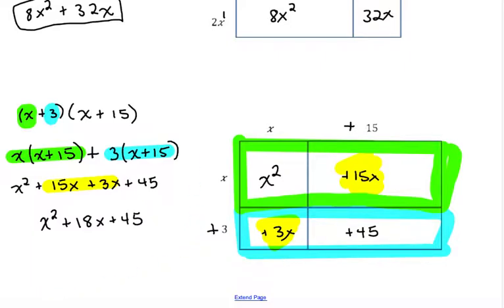Okay. If I take a look at a more complicated problem, maybe I want to do something like x plus 2. Actually, let me change that to a negative sign so we can see how that works. So x minus 2 times, let's make it a trinomial.